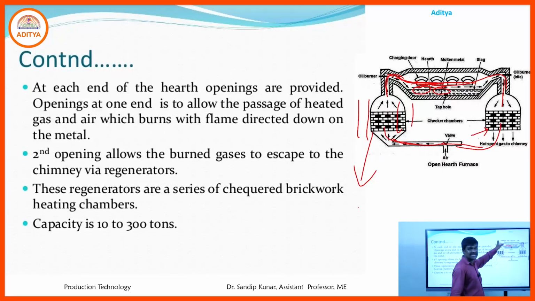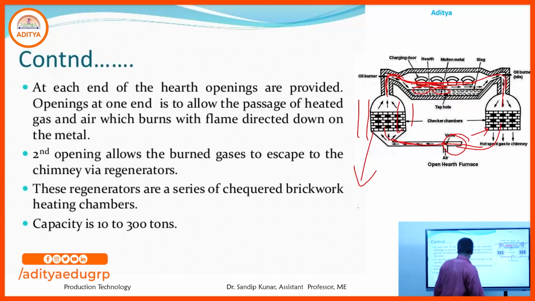That process continues, and after certain times some impurities are added to the gases, which also pass through the chimney. Here the chimney is there also, and through that chimney we pass them out.